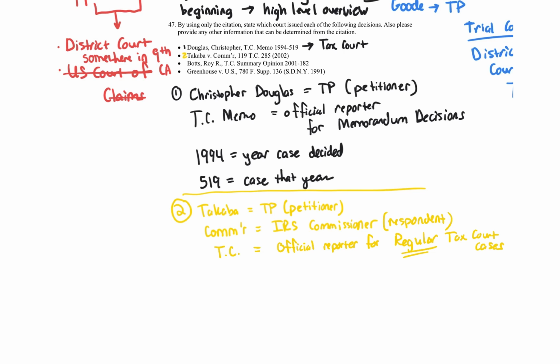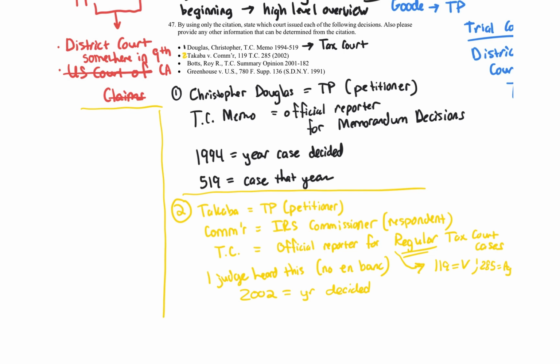Now notice there's nothing in the citation that says en banc, which means it was heard by one judge. So one judge heard this. If en banc were in the citation, it would mean the entire court heard it. So the 119 and the 285, of course, 119 is the volume, 285 is the page that it starts on, and then, of course, 2002 is the year decided. All right.